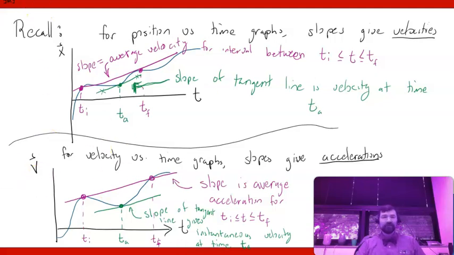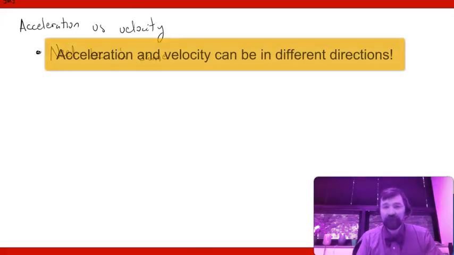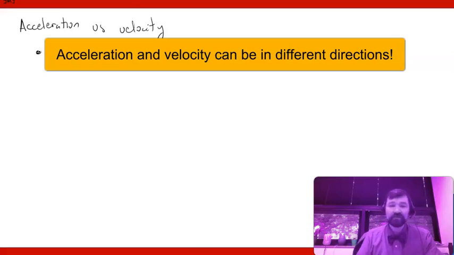All right. So to make a little list, acceleration versus velocity need not be in the same direction or even collinear. But if they are collinear, then it means the object's either speeding up or slowing down.